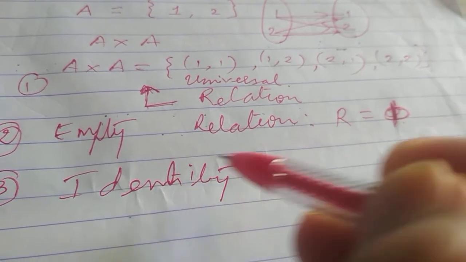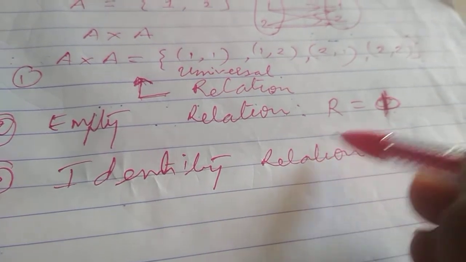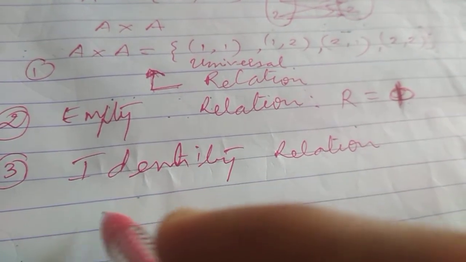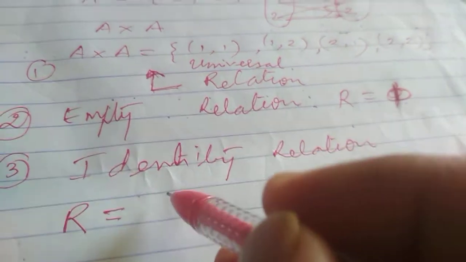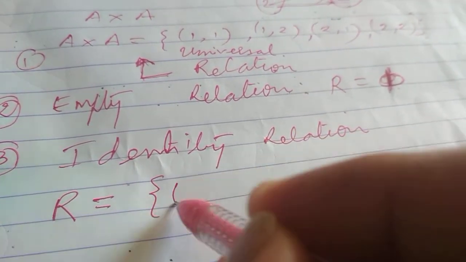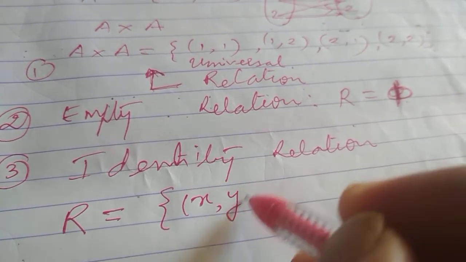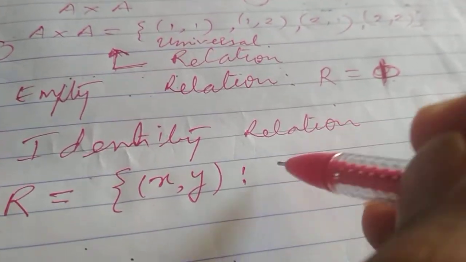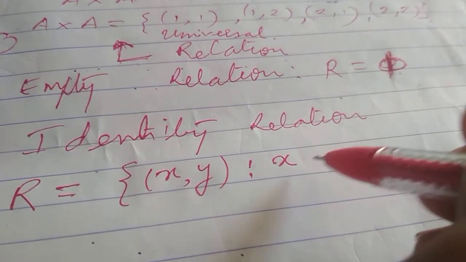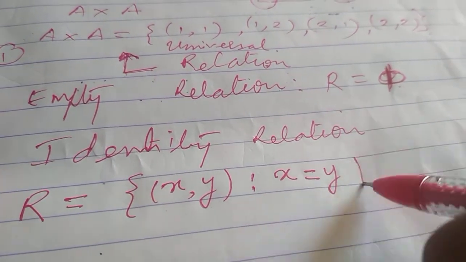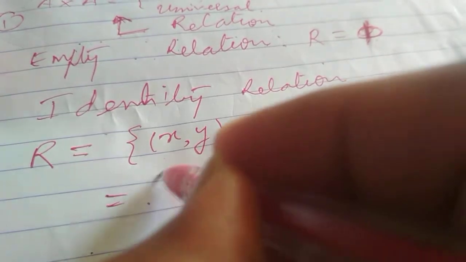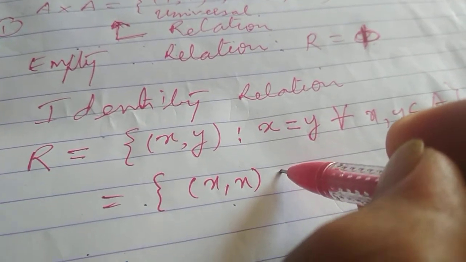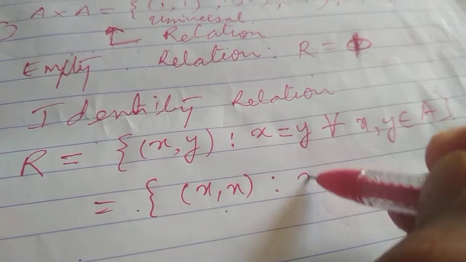Identity relation is nothing but, suppose there is a relation R defined on set A, such that it is the set of all ordered pairs (x, y) such that x is equal to y for every (x, y) belonging to set A. Or instead you can write it like this: ordered pairs (x, x) such that x belongs to A. Like this also you can express it.